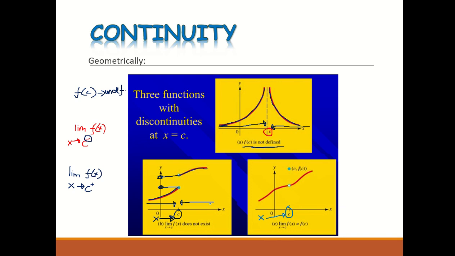Again, we have to find the limit of f of x as x approaches c from the left. From the left, meaning we have to trace the graph from the left towards this point that corresponds to x equal to c. So this is the limit.